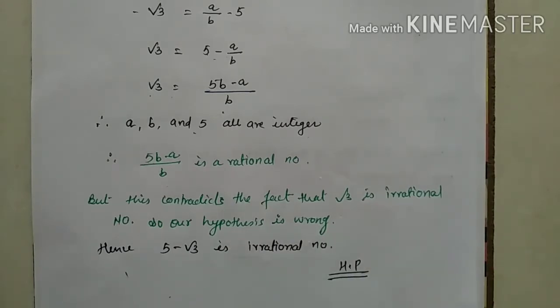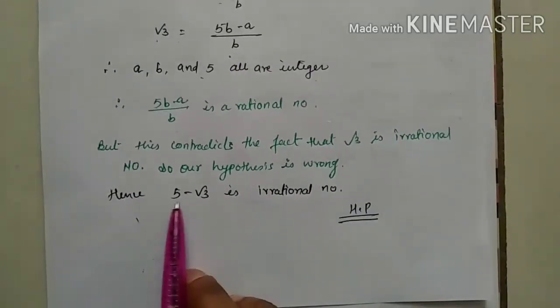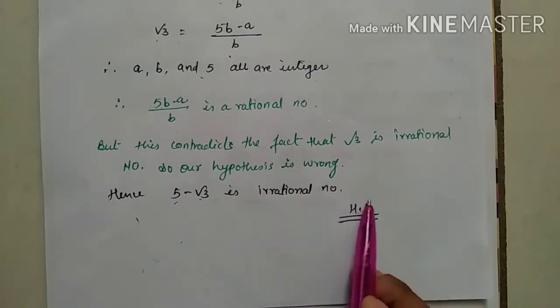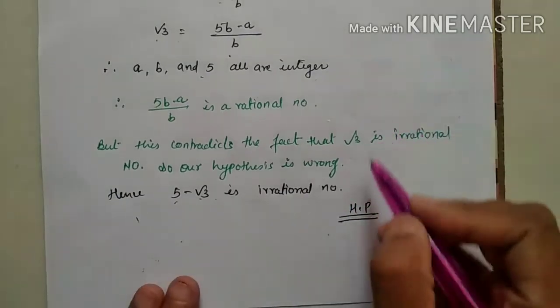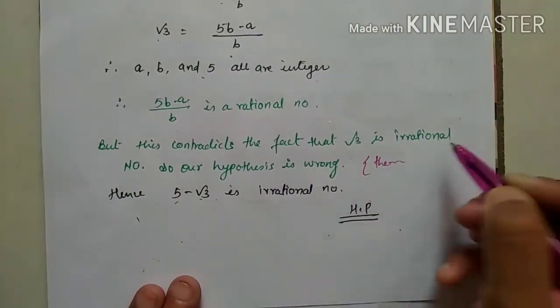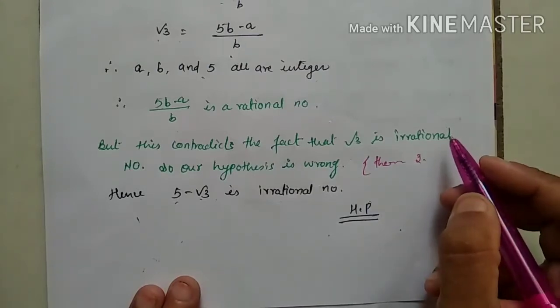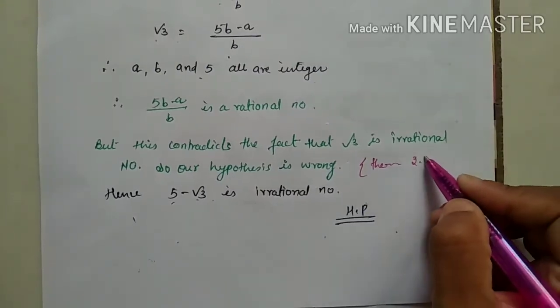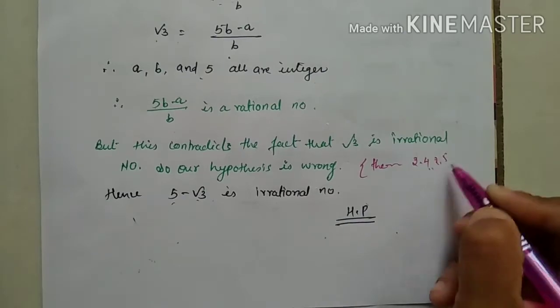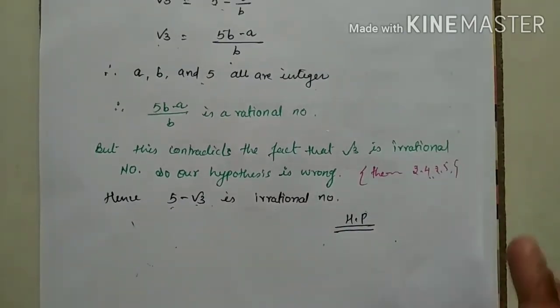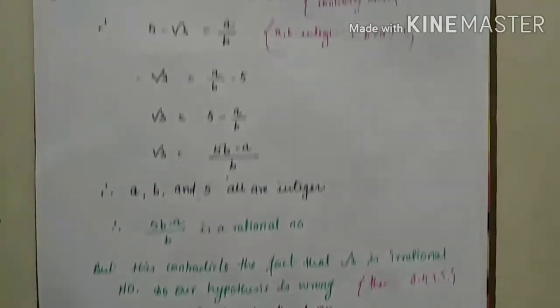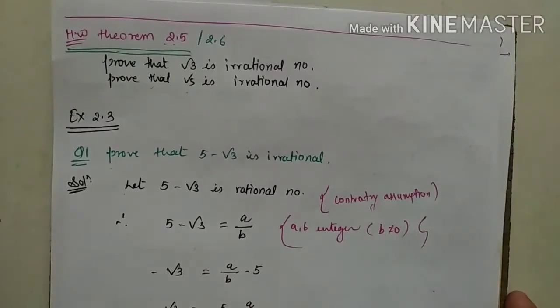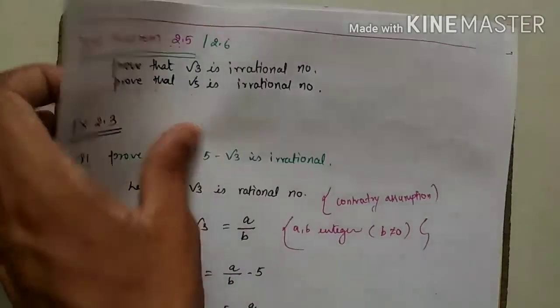We have done the assumption wrong, hence 5 minus root 3 is an irrational number. Hence proved. Or you can write theorem 2.4, 2.5, you can use it. Okay, this is the solution for question number first, that is prove that 5 minus root 3 is an irrational number.